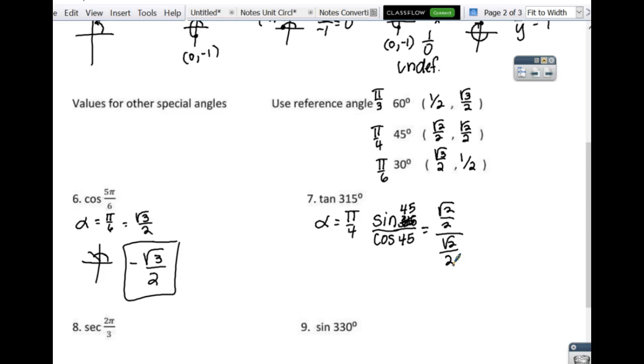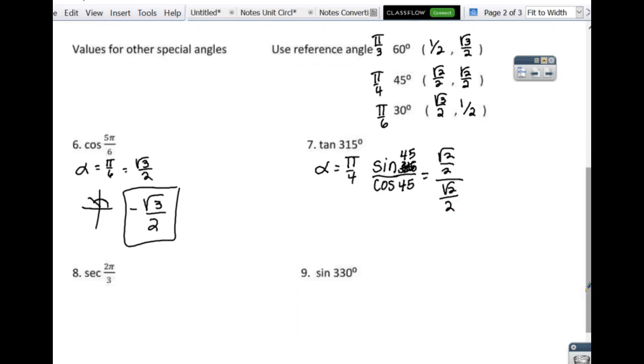So how do I do that? I'm going to flip the bottom one and multiply. So I'm going to take the square root of 2 over 2 times 2 over the square root of 2. So what happens? Everything cancels and it leaves me with 1. So now I have to decide which quadrant 315 is in. 315 is in this quadrant.